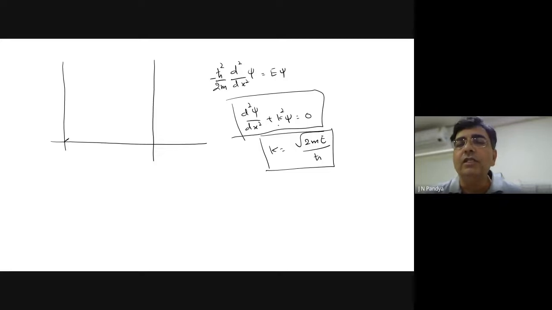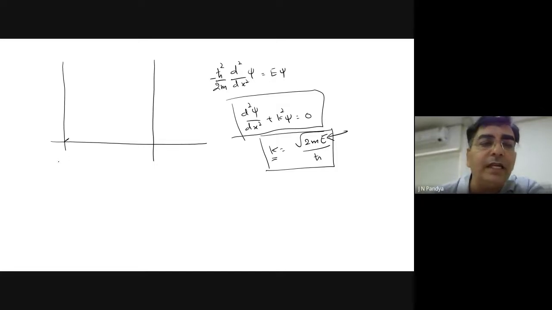But this equation, or this psi, will be valid only for certain energies. So typically we have to simply go on changing the value of k, so ultimately we are changing the value of E. At a particular value of E only, you will get the solution exactly as intended.